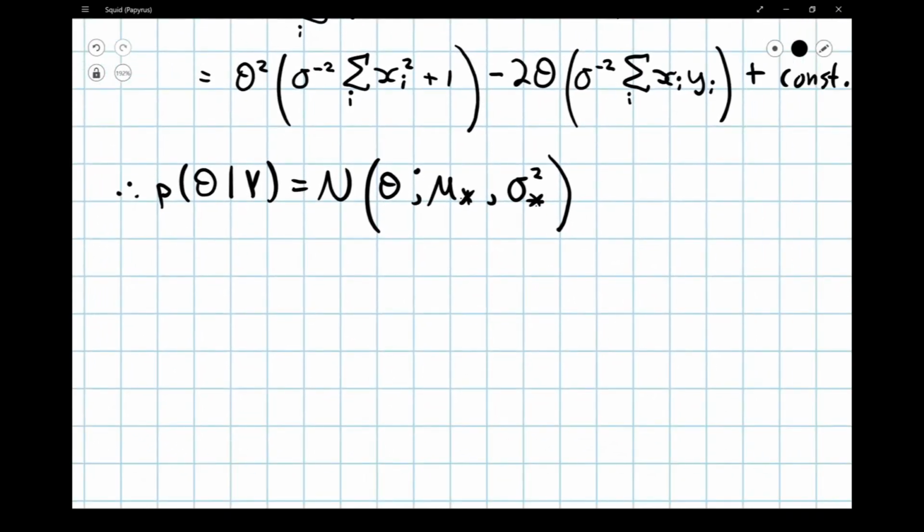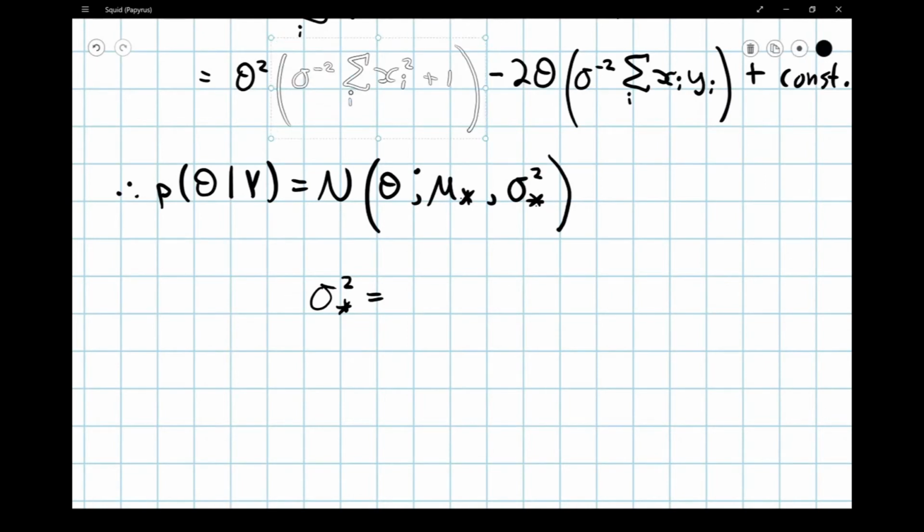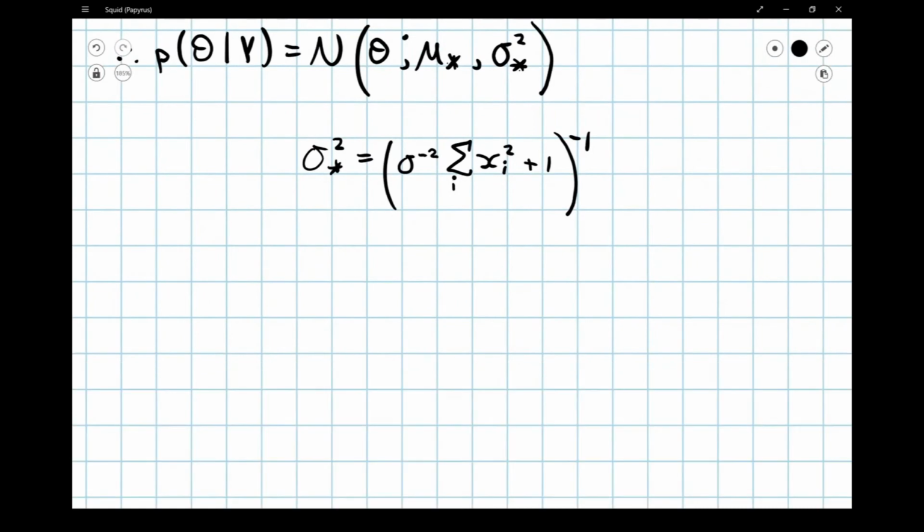And we already know that because this is the precision, sigma squared star is going to be equal to this term to the power minus 1. And then the mean.